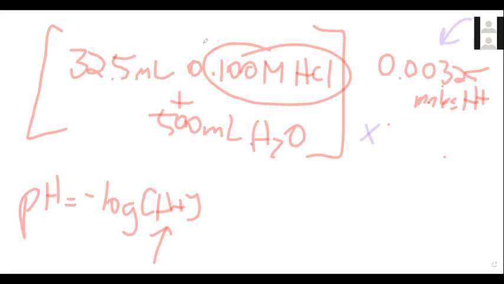Divided by 0.5 liters. Nope, you're close. You're forgetting a little something though. Yeah, you have to add the 32.5. So what's my final concentration?